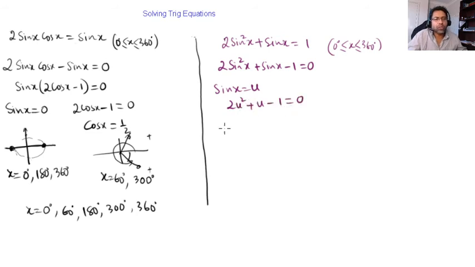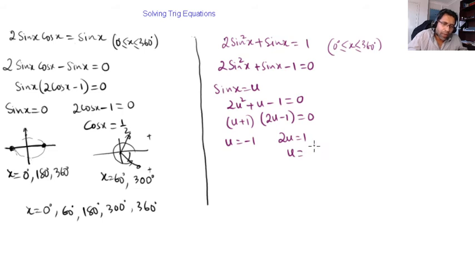If you know how to solve a quadratic equation, you will know that it factorizes to (u plus 1)(2u minus 1) equal to 0. So these are the two factors. Then u plus 1 equal to 0 means u equal to minus 1, or 2u equal to 1, so u will be half.